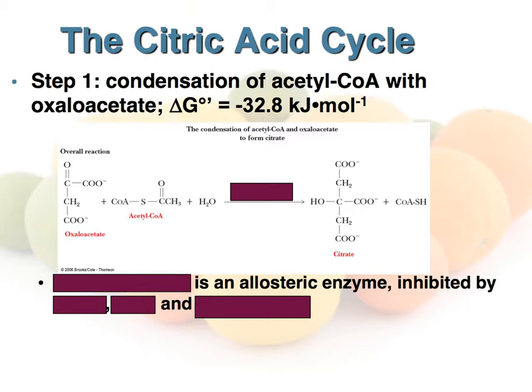If we have OAA and acetyl-CoA plus water, we make citrate, which, if we think back to Sesame Street, has 1, 2, 3 carboxylic acids. That's why it's also called the tricarboxylic acid cycle, citric acid cycle. And we get the coenzyme payback, which can then go on to do this process again.